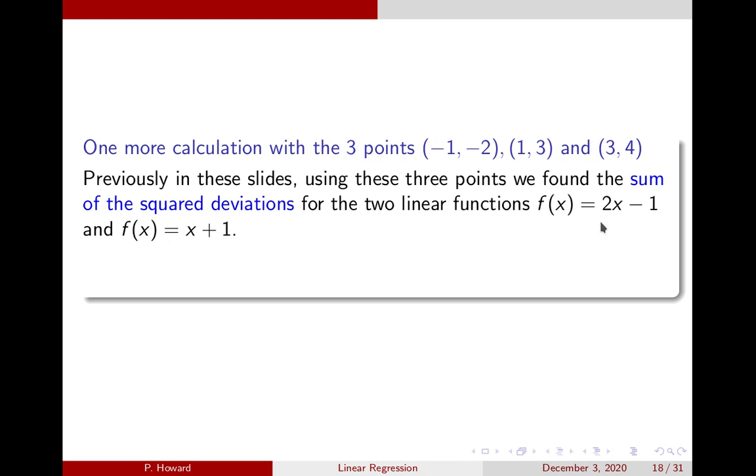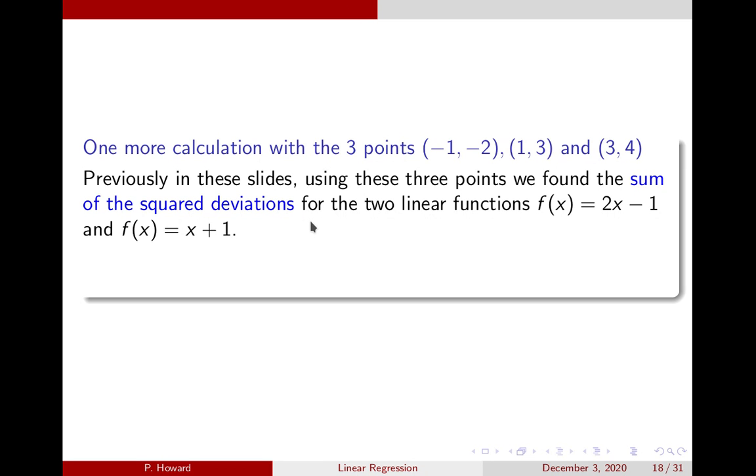And you may recall that the sum of the squared deviations for the first function was 6, and for the second function, for f of x equals x plus 1, the sum of the squared deviations was 5. That means f of x equals x plus 1 is a better fit than f of x equals 2x minus 1.